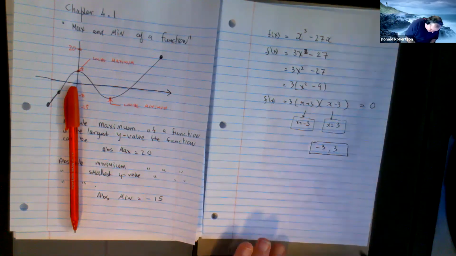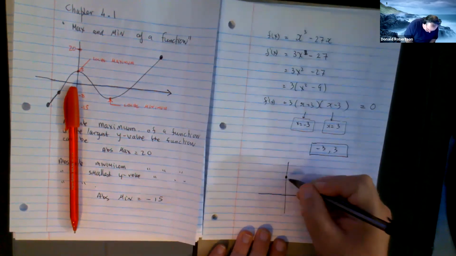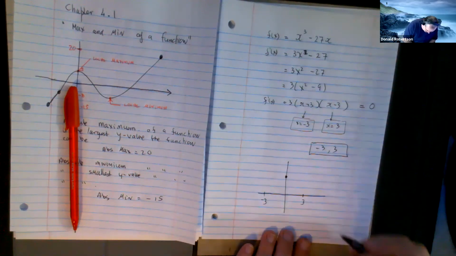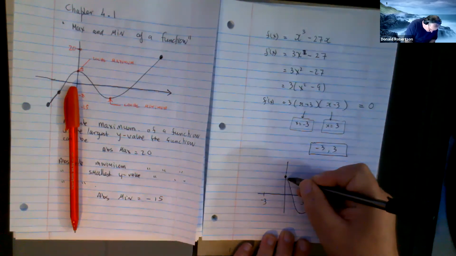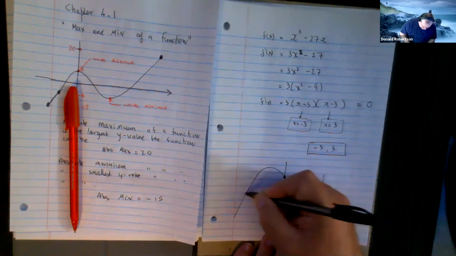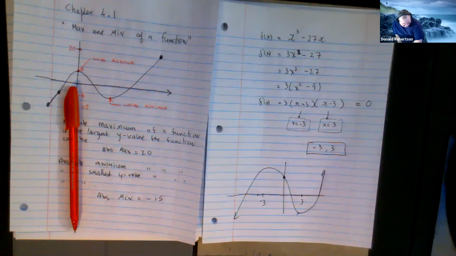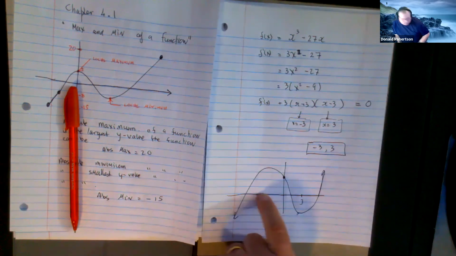Now, don't need this for the question, but I can actually do a very primitive sketch of what this thing would look like. Not very neat, but nonetheless. Can you see there's a local max at -3 and a local min at 3? You could plug into Desmos and see that. But isn't this verifying what we already know?